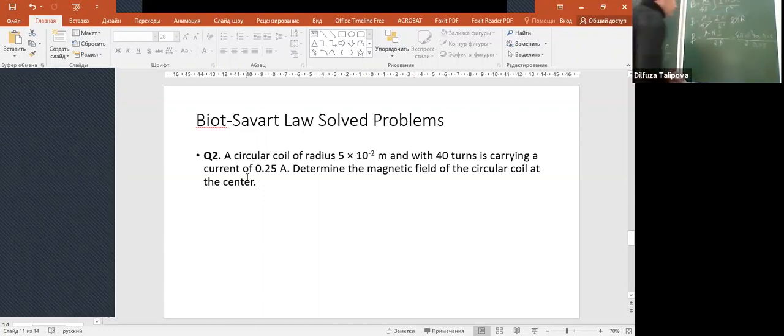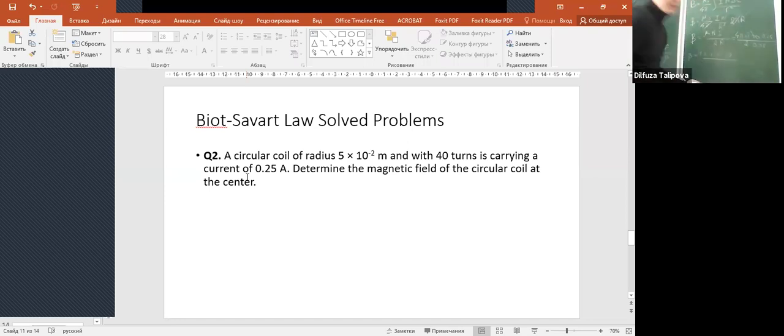Okay, so B is equal to 4 multiplied by 3.14 10 to the negative 7 multiplied by 40 multiplied by 0.25, which is equal to, I think, 10. Yes, 10.